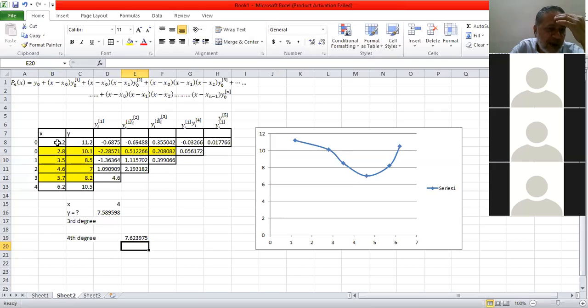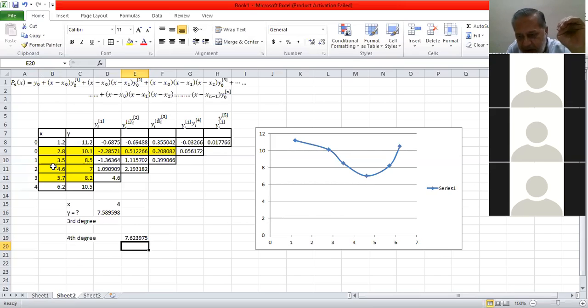So you have to make this decision yourself, whether it is a third degree approximation or a fourth degree approximation. मैं 1.2 से शुरू बिल्कुल नहीं करूंगा कि इस केस में 1.2 से 4 6 तक, that third degree approximation will be in a sense biased. x equal to 4 is towards this end of the data, not in the middle. हाँ, अगर x equal to 3 पे मैं कहूँ estimate करो, तो x equal to 3 पे estimate करने के लिए तो मैं first 4 points इस्तेमाल करने होंगे third degree के लिए.